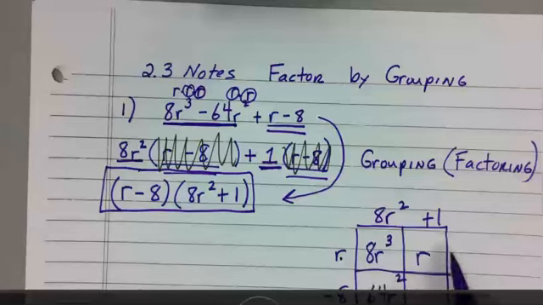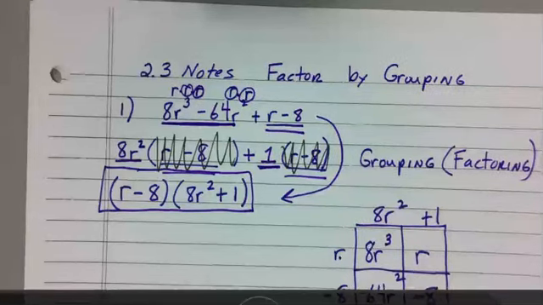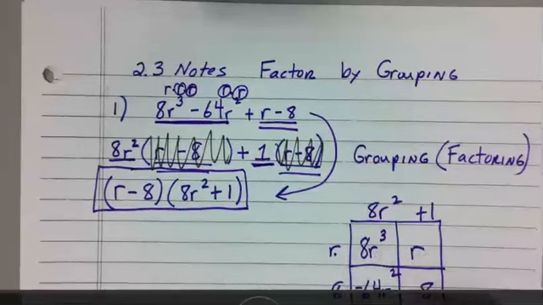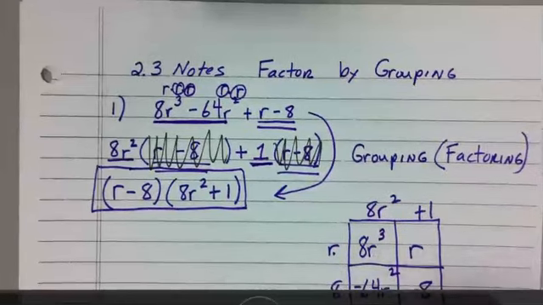And then what's negative 8 times 1? Negative 8. Okay? Now, notice all those terms are different, aren't they? I can't combine anything. Normally I could combine diagonally, couldn't I? So now I just write it in standard form. 8r cubed, then negative 64r squared, plus r, and negative 8.